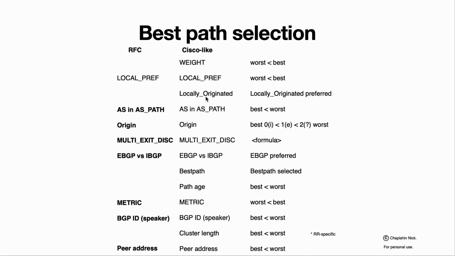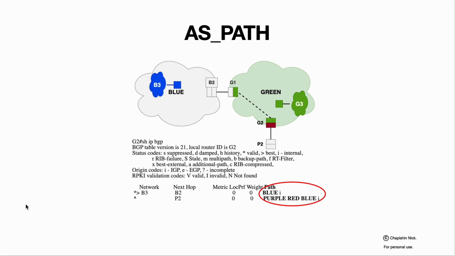If locally originated is not 0.0.0.0 or there are multiple 0.0.0.0, then the number of autonomous systems in the AS path is compared. The fewer autonomous systems in the path, the better. How does it look? It looks like this. We have a path column, and here will be listed the autonomous systems that our traffic needs to pass on its way to the destination.